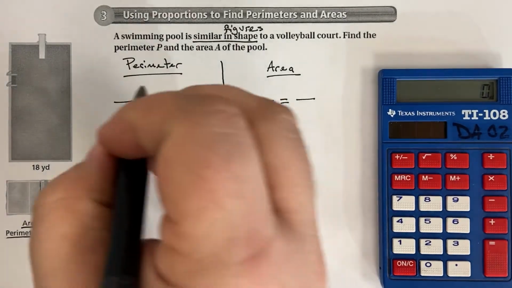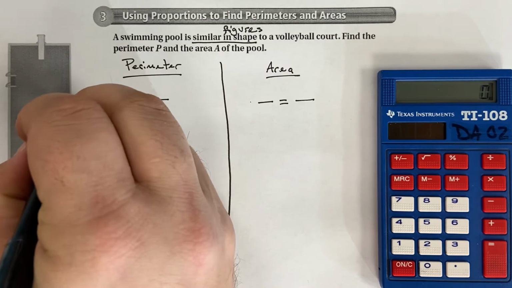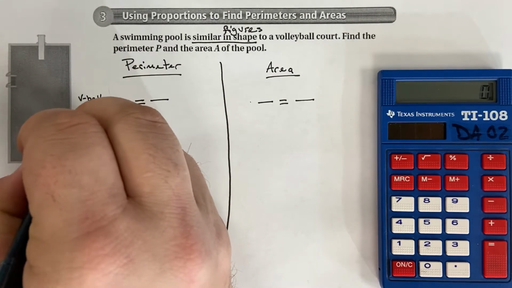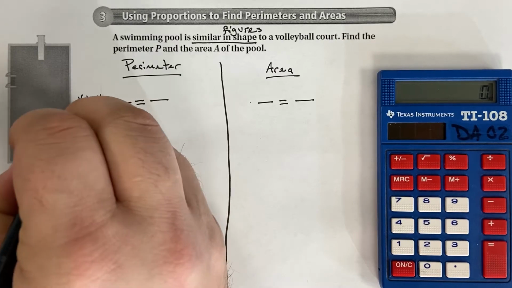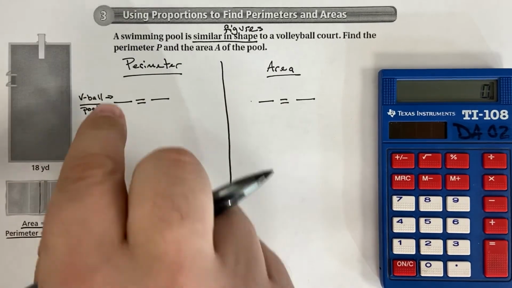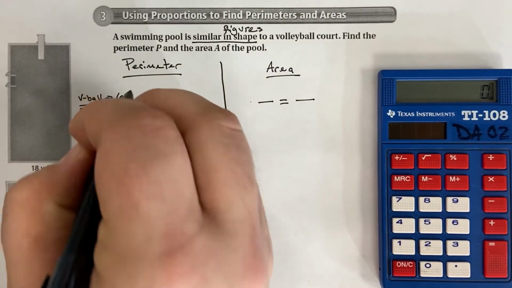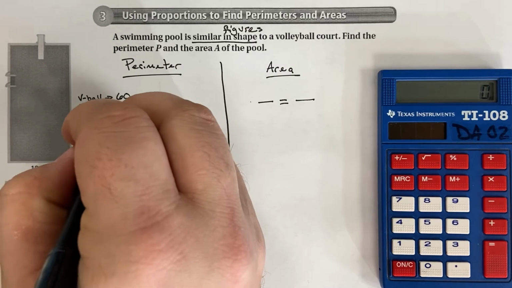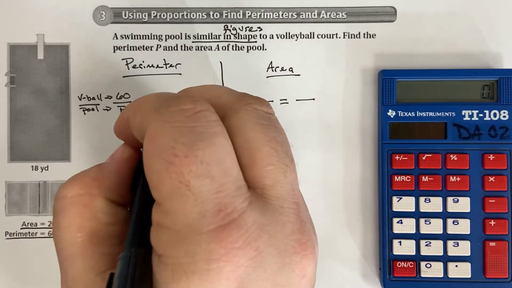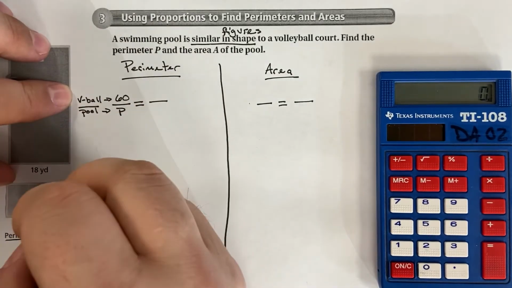Let's see how. I'm going to take the idea of the volleyball court, V-ball, and pool, and each of them lead to, well, here I'm going to take the perimeter because that's what I end up wanting to find, and I'm going to set that over P for perimeter. On this side, I'm going to take again the volleyball court information I have.